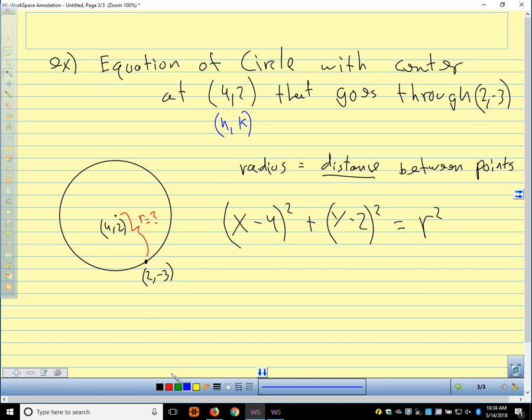Well, this point is an x and a y. That's a point on my circle. So I can say 2 minus 4 squared plus negative 3 minus 2 squared equals r squared. And this is exactly what I do if I plug these points into the distance formula: x2 minus x1 squared plus y2 minus y1 squared, and we take the square root of that.